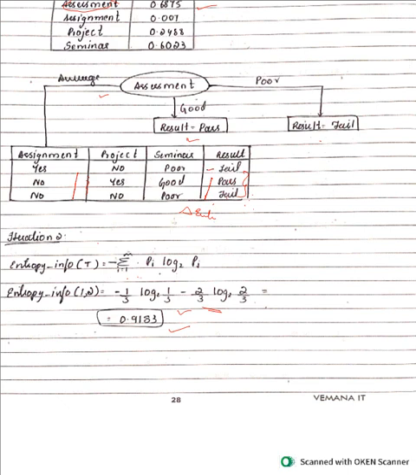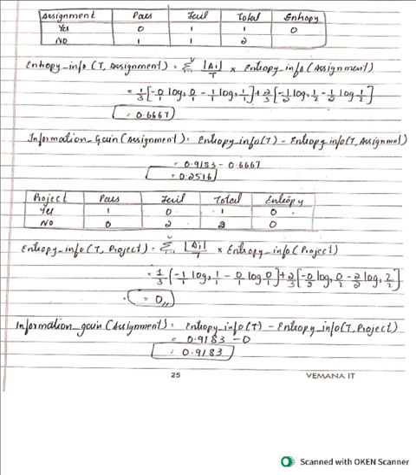So now fill these details in the next table like this. No is 1, pass is 1 and fail is 1, and for yes 0 pass and fail is 1. Now total we have 1 and 2. Entropy is 0 here, as I said, totally we have 1, and all of it belongs to the fail class, so the entropy is 0. Now compute the entropy information for assignment like how we did previously.